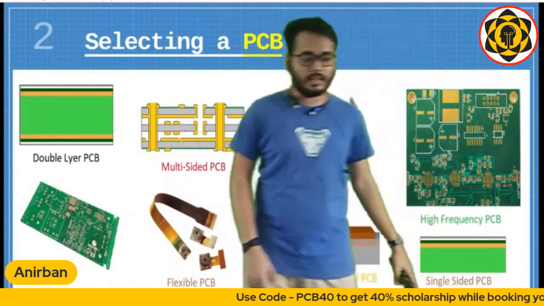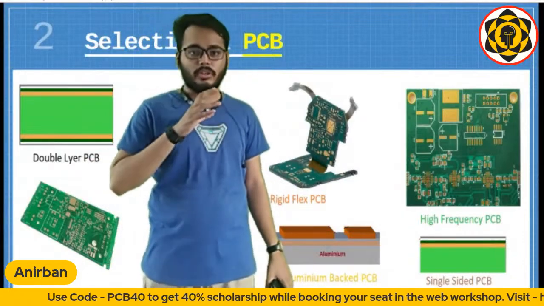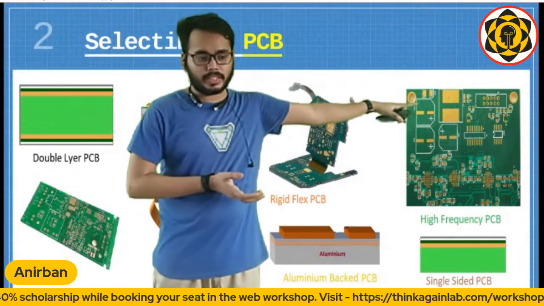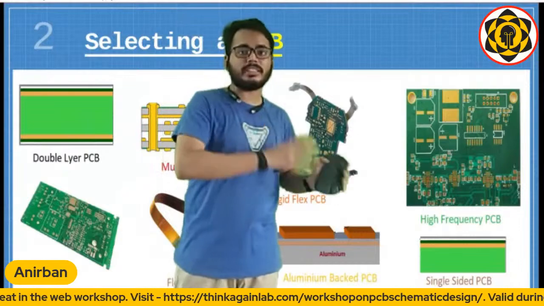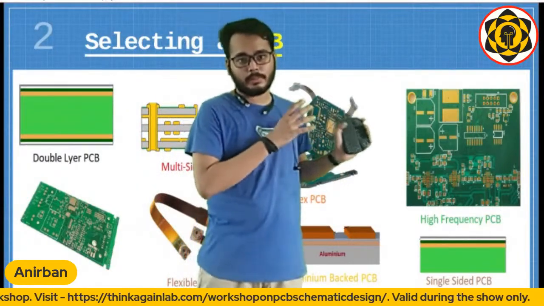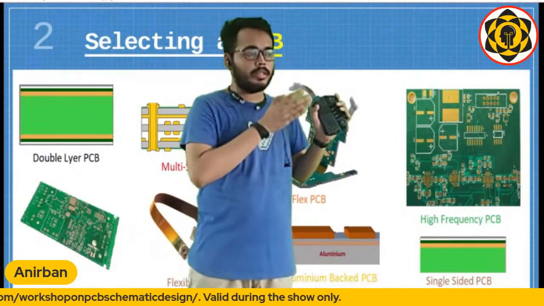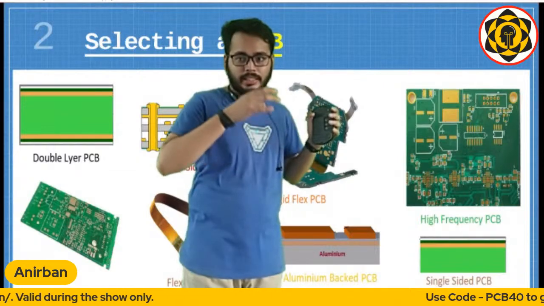And finally we have aluminum-backed PCBs. These are, as I already told you, for high pressure regions. That was a high frequency one right there, and this is a high pressure region. So it has extra support of aluminum blocks sandwiched between that insulating material I was telling about. What that gives is more strength.